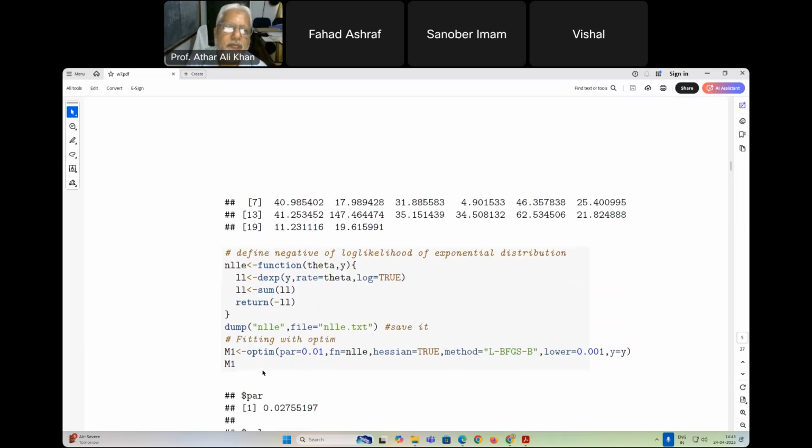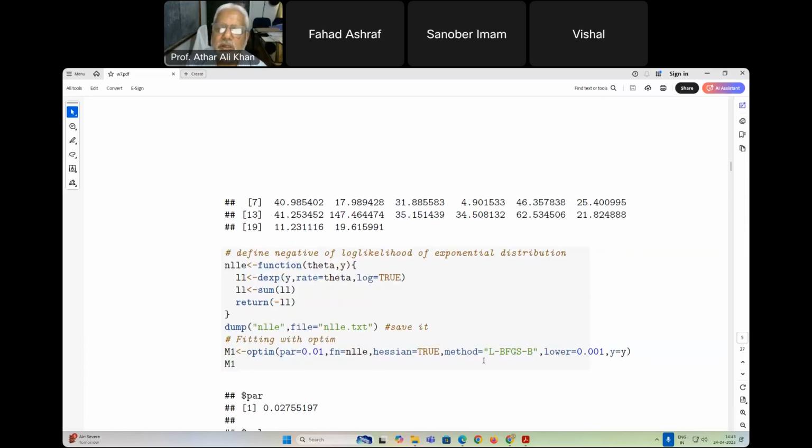Run the file. Now to fit this distribution, M1 is equal to optim(par = 0.01. Because we know that the value of lambda is 0.03, we are taking a guess value to start the iteration, 0.01. fn is equal to NLLE, this function.